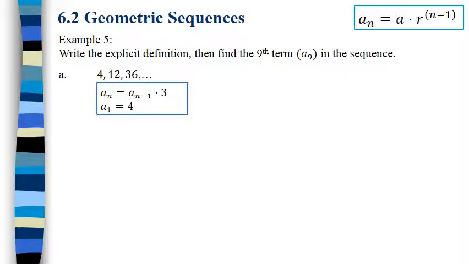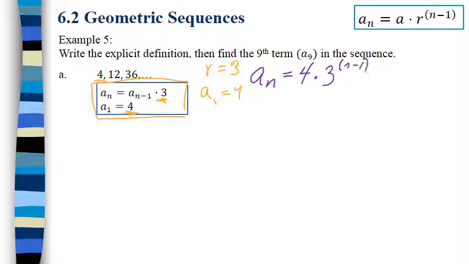So let's use that to write the explicit definition for this same sequence that we just did. We already know r is 3, and we're given a sub 1 equals 4, which we know from the sequence. So we can write a sub n equals 4 times 3 to the (n minus 1).